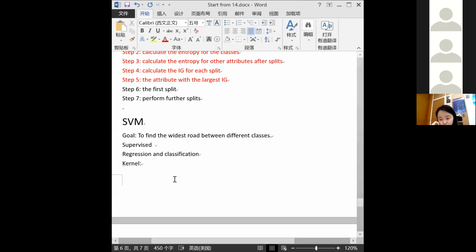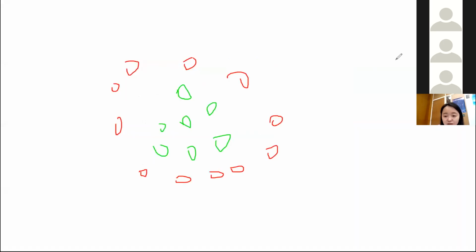The main goal of the kernel is to convert a linearly inseparable data set into a data set that can be separated linearly.